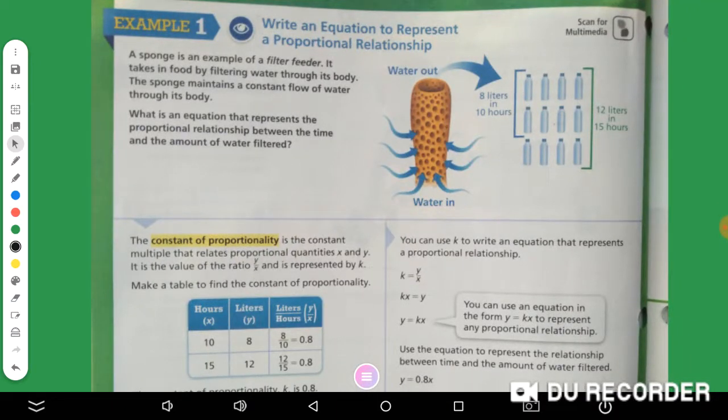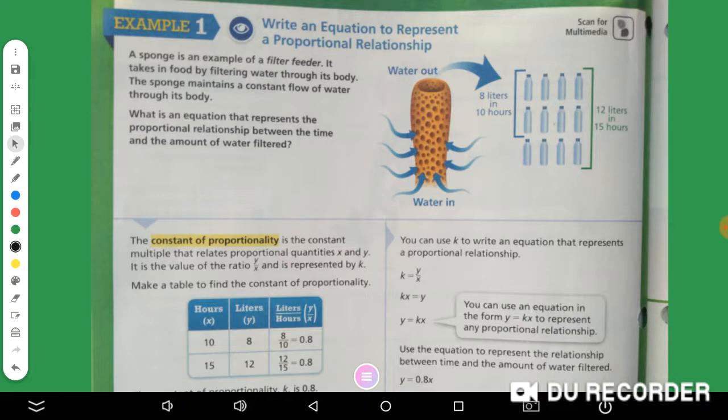It takes in food by filtering water through its body. The sponge maintains a constant flow of water through its body, so it takes a fixed, constant amount of water. What is an equation that represents the proportional relationship between the time and the amount of water filtered?